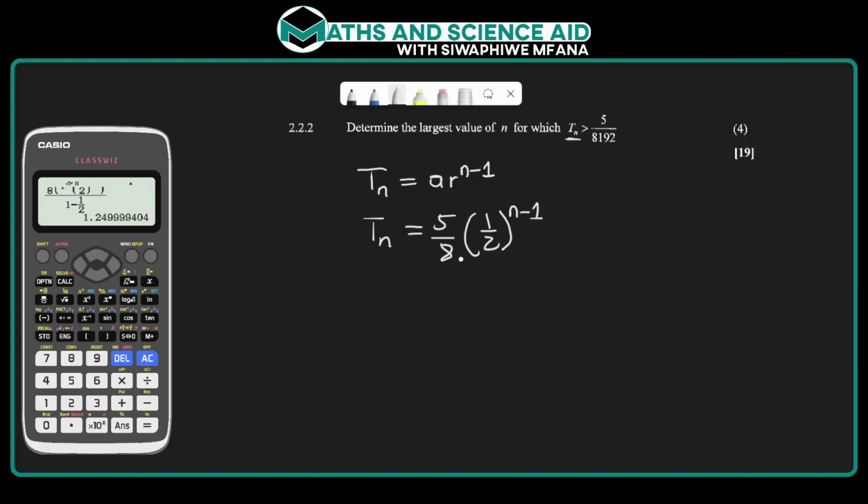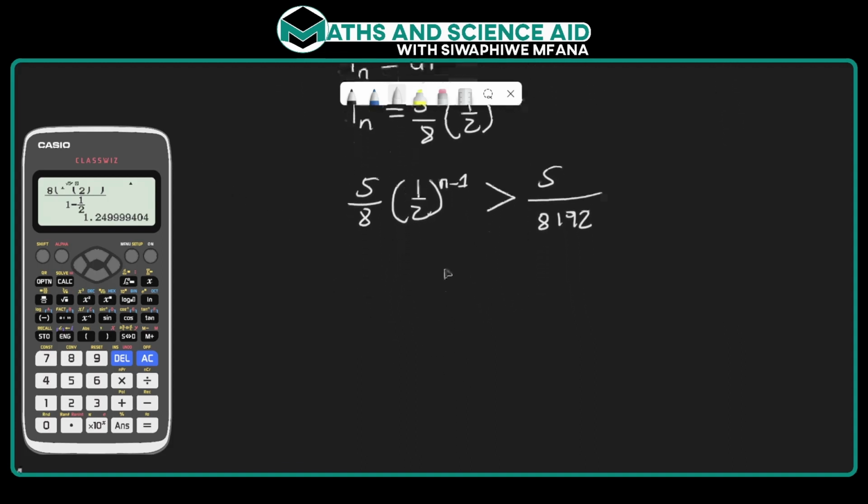Okay? And so if we sub that into our inequality, we are going to get 5 over 8 multiplied by 1 over 2 to the power of n minus 1 is greater than 5 divided by 8,192. So we simply need to solve this inequality here.